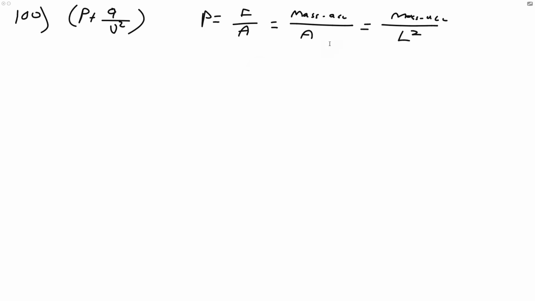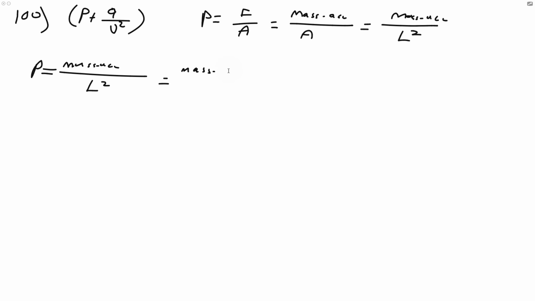We can rewrite it now so that we get it in the correct units, because they want us to use the fundamental quantities of mass, length, and time. We've got acceleration, so we have to show it in length and time. If P equals mass times acceleration over L squared, acceleration is meters per second squared.